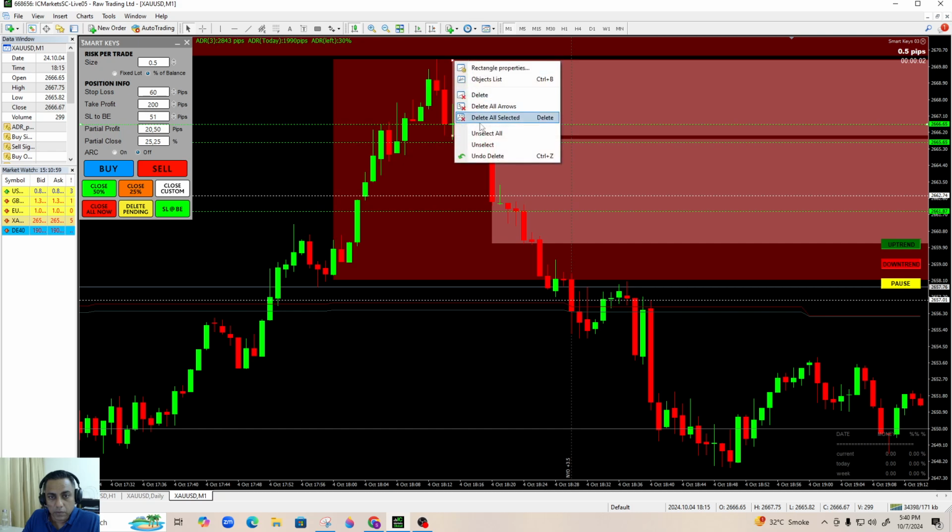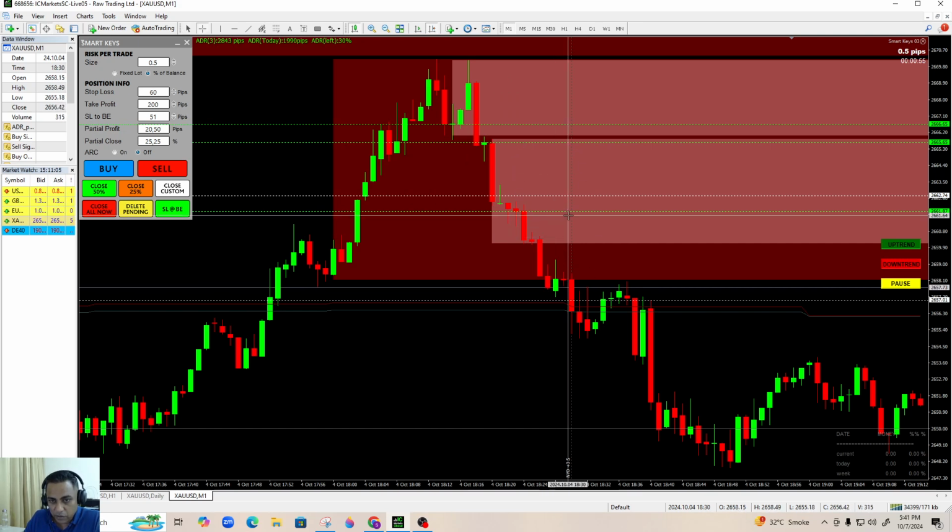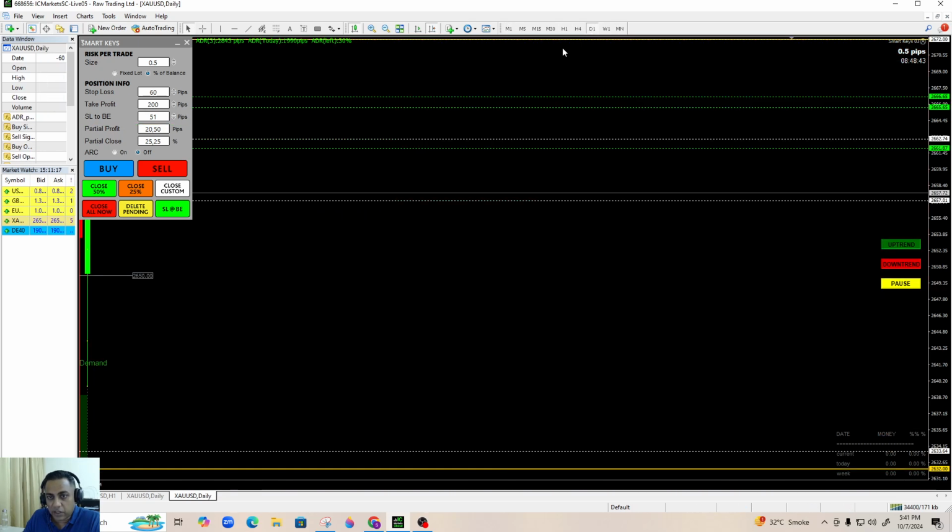Okay. So what I've done is basically, if price comes to this zone, this is the area that I want to take a trade. Here, 2661.87, and then this daily SR level of 2662.74, and that level is marked because of this, right?